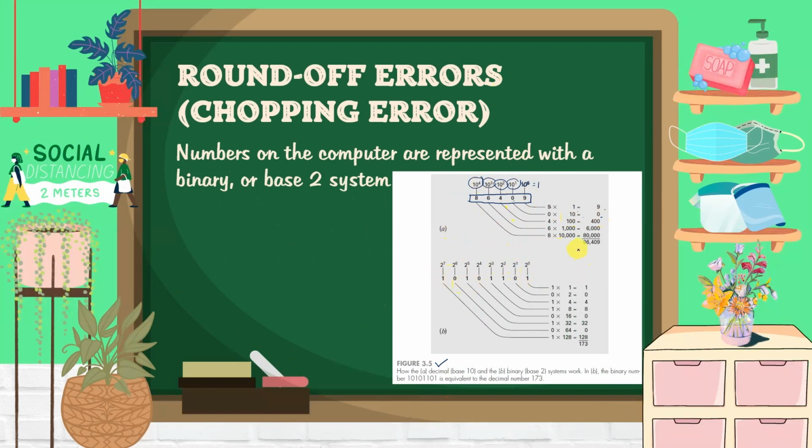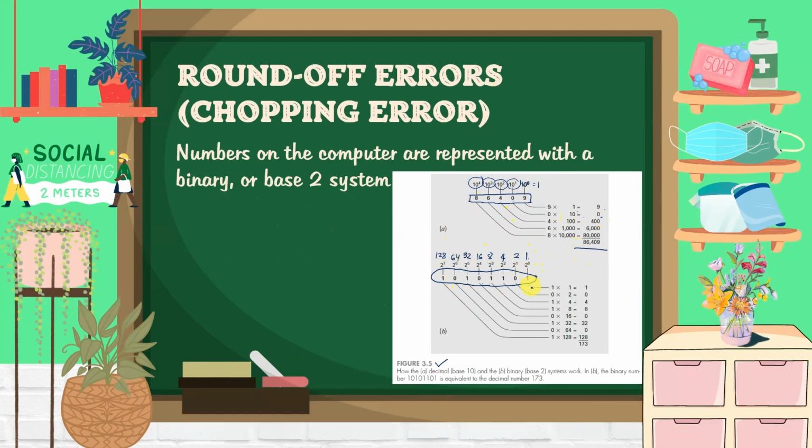Ang pinagkaiba niya sa ating binary, which is using the base 2 system. So if we had an example of 10101101, using a base 2 system, 2 raised to 0 will be equal to 1. 2 raised to 1 is 2. This will be 4, 8, 16, 32, 64, 128.